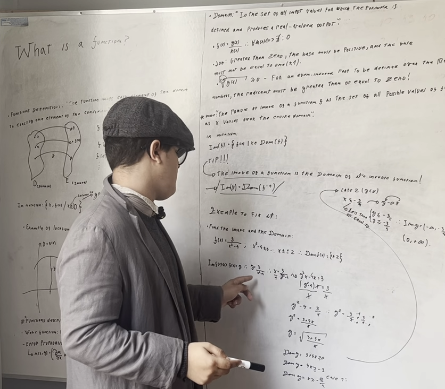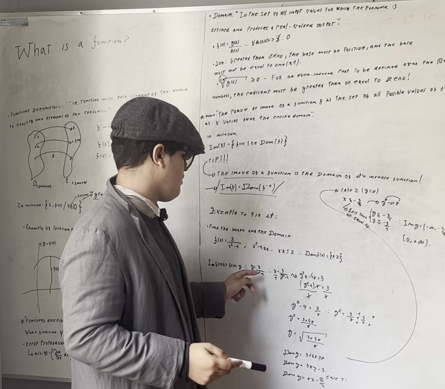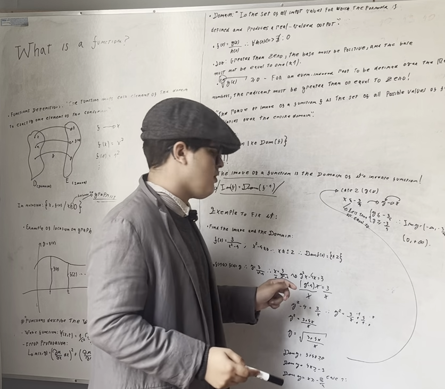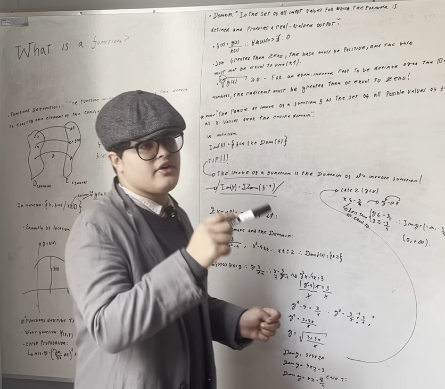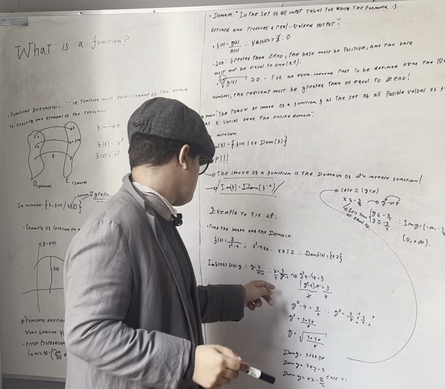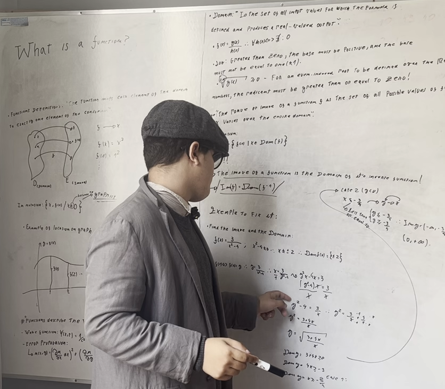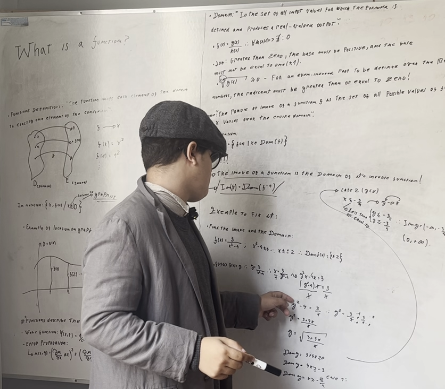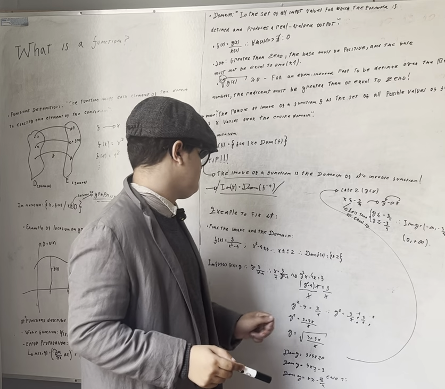So we put y equals 3 over x squared minus 4. So we invert the variables, so x turns y and y turns x. So x equals 3 over y squared minus 4.